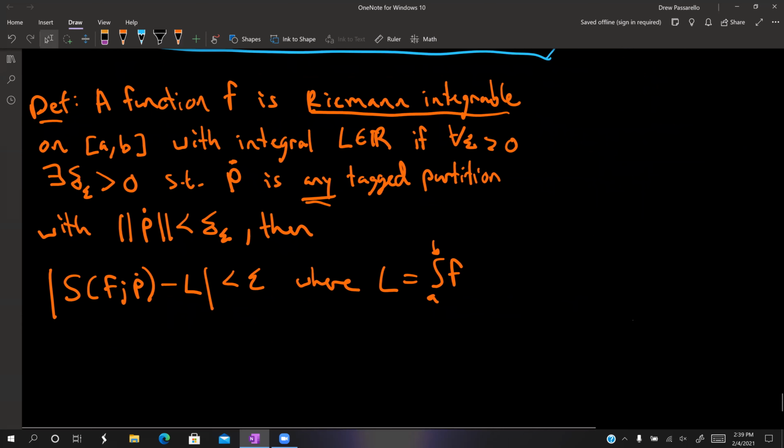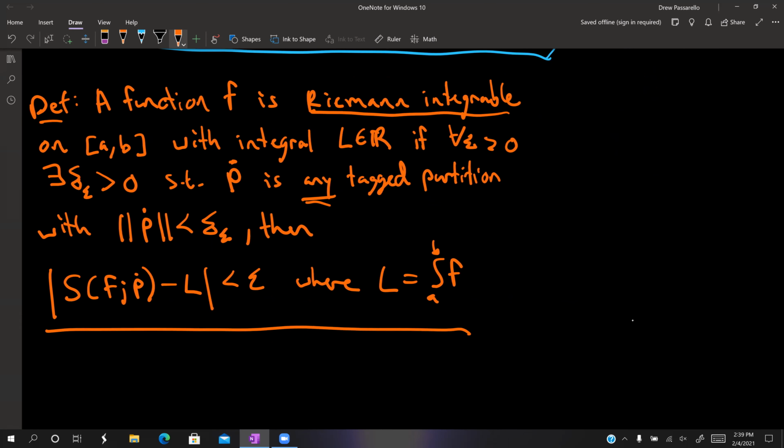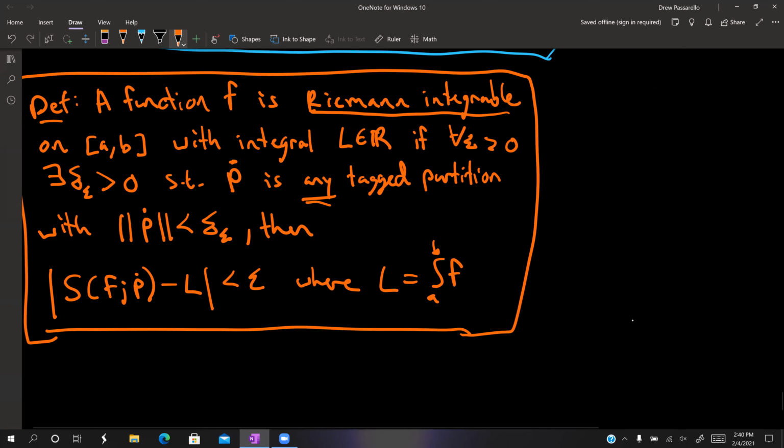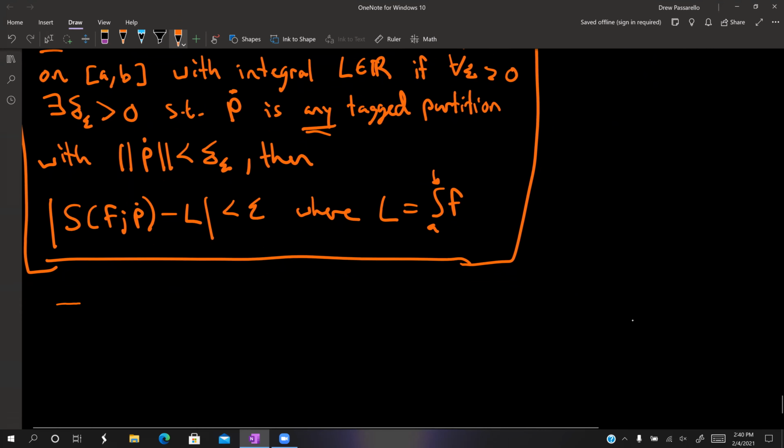All right, that is what it means for a function to be Riemann integrable. So the delta epsilon is dependent on epsilon.